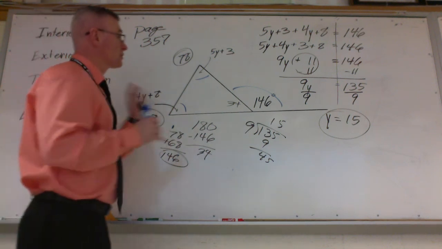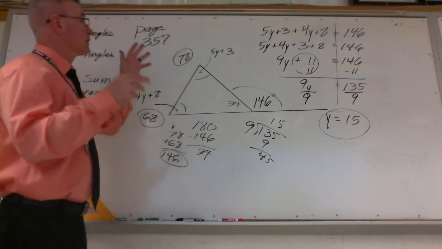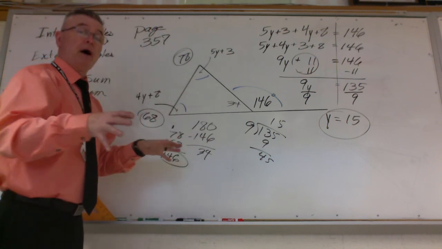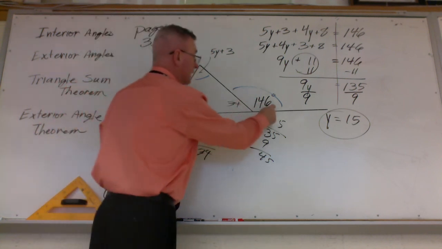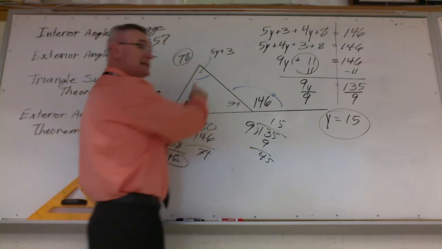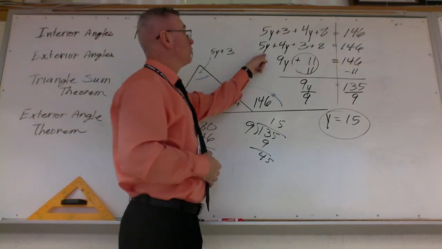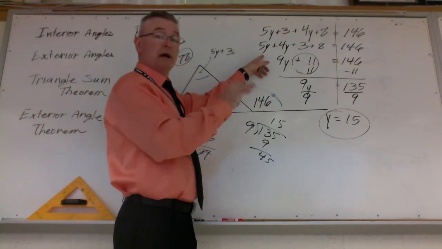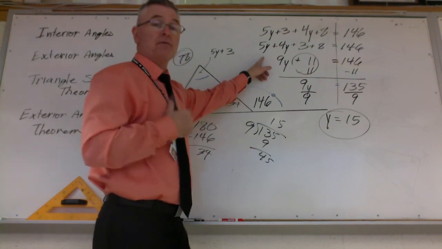All right, so I started off with just a bunch of variables, a bunch of stuff that doesn't look like we can solve anything from it, but we knew what the relationships were between the exterior angle and the two remote interior angles. Set it up. We move things around so we can get things that are like each other next to each other using the commutative property of addition.